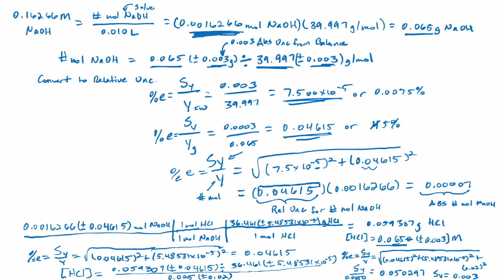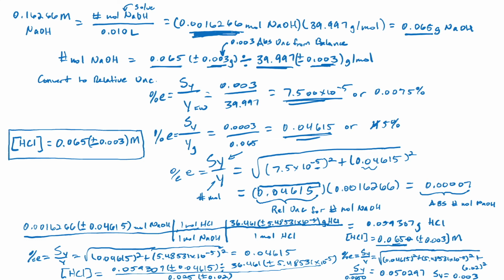Your final answer is this: the concentration of HCl from this titration is 0.065 plus or minus, forgot the parentheses, but plus or minus 0.003 molar, right? And just like in high school and everywhere else in math, you can just square it, put a box around it so you know where the answer is. Okay? And that's how you calculate an uncertainty for molarity from a titration calculation.